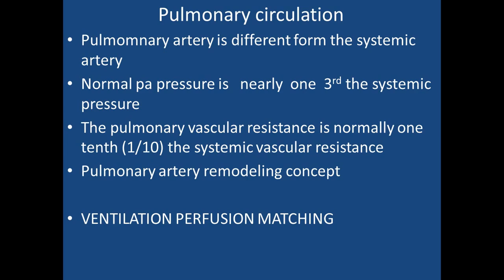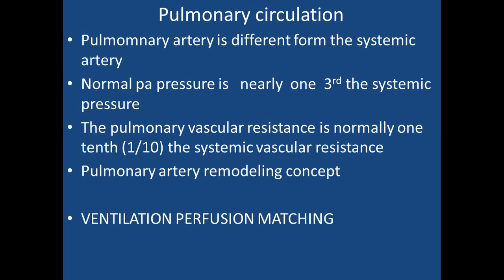The other concept which we should know is the concept of ventilation perfusion match. For each segment in the lung, there is a blood supply and there is an air supply, and there should be a matching between the areas of blood supply and air supply.